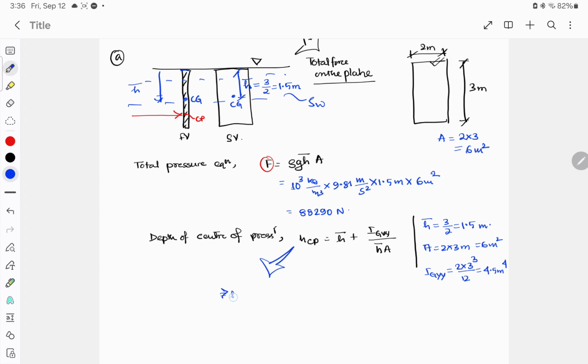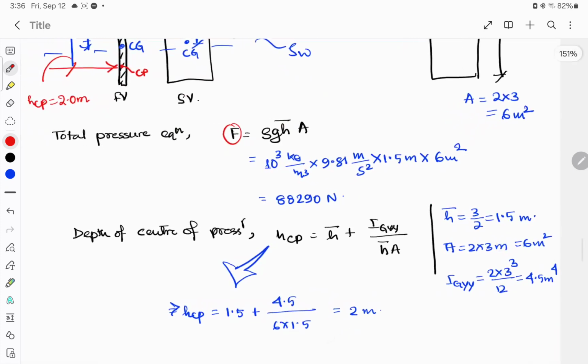That is h_cp is equal to h bar 1.5 plus I_G yy 4.5 divided by 6 into 1.5. This will give us 2 meter. So this h_cp distance is 2.0 meter.